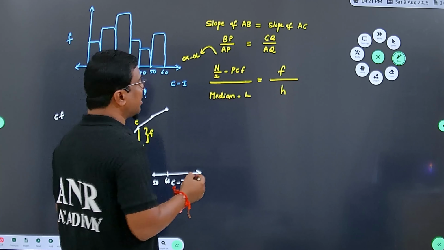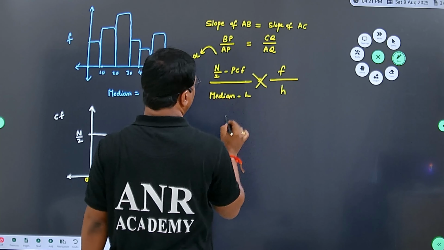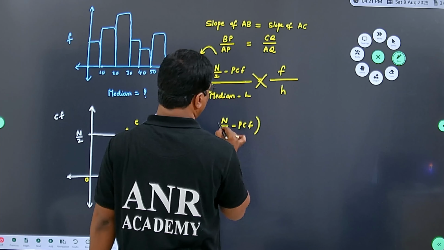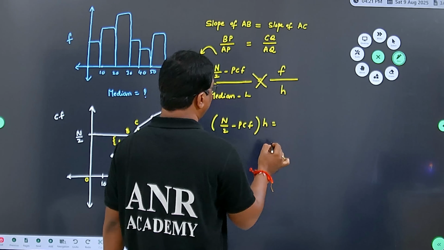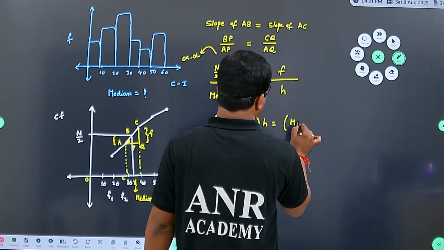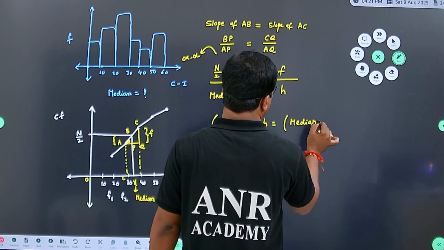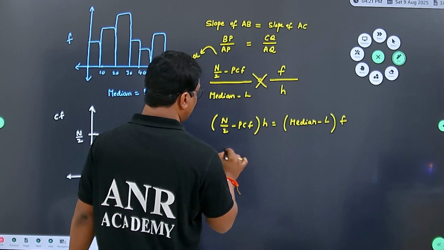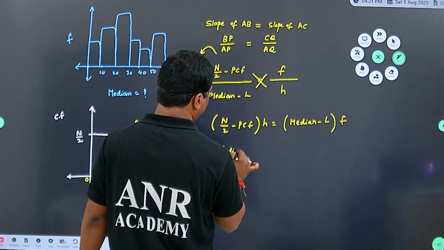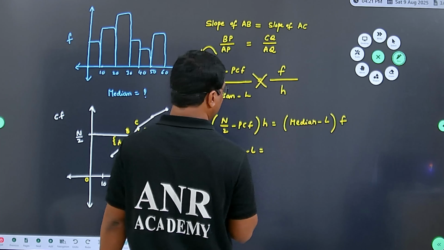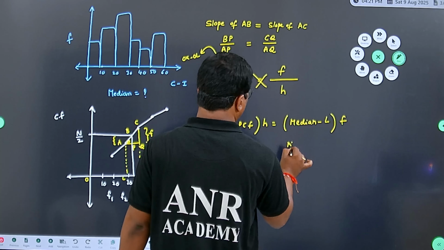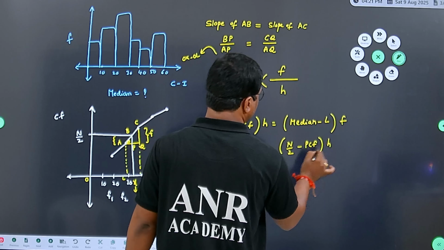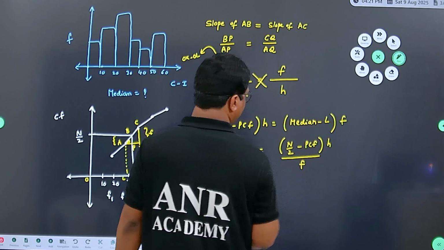Next, on cross multiplication, we get n by 2 minus PCF into h equal to median minus capital L into small f. Therefore, from this I can write median minus L equal to n by 2 minus PCF into small h divided by f.